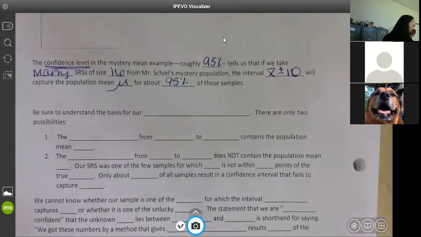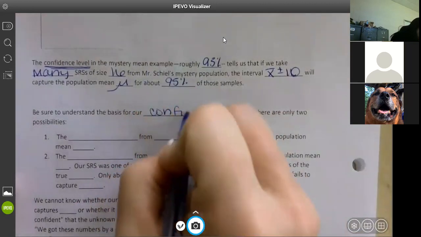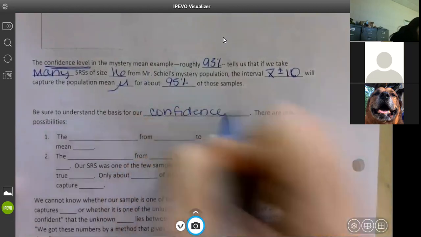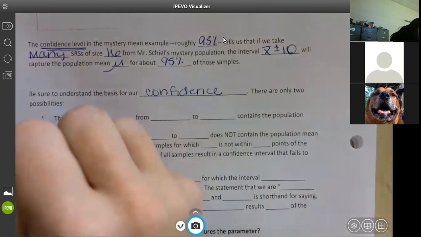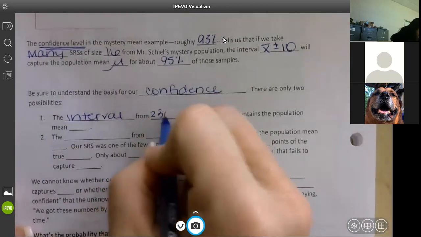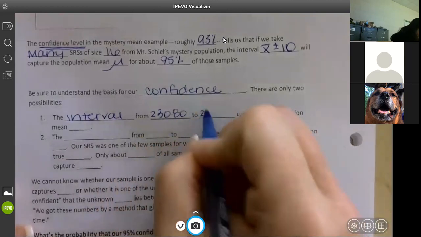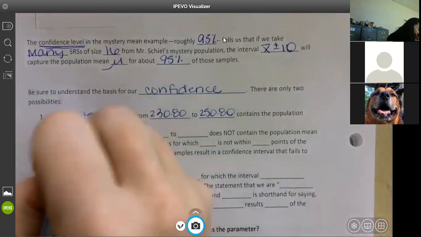Be sure to understand the basis for our confidence. There are only two possibilities. The interval from 230.80 to 250.80 contains the population mean mu.